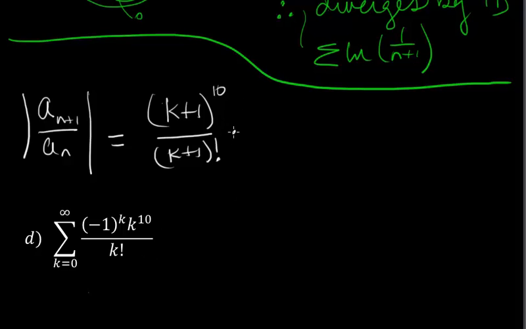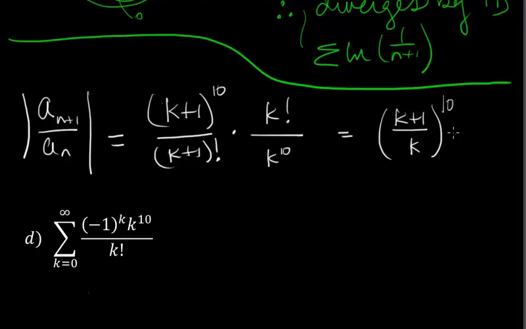So I'll invert and multiply k factorial over k to the 10th. I would look at this as k plus 1 over k to the 10th times k factorial over k plus 1 factorial, which is 1 over k plus 1, canceling the k factorial.